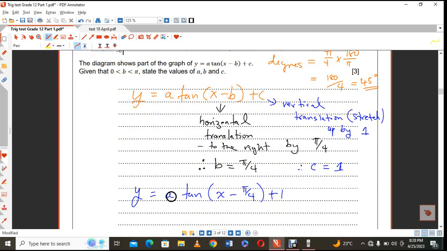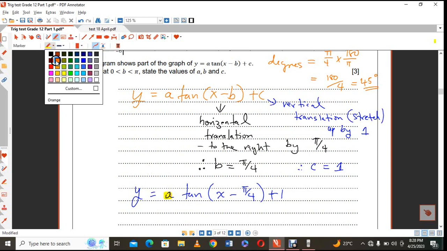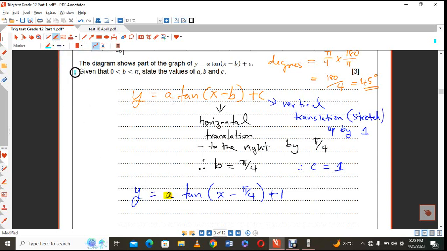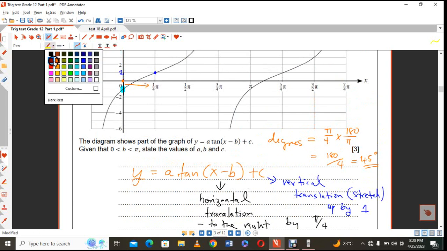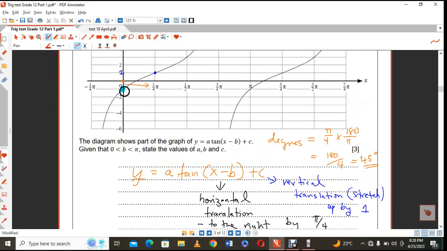Now, in order for us to calculate the value of a over here, just come back. To find the value of a, we are going to do substitution. That means we're going to go into our graph and determine any point. The point I'm going to use will be this point here. You can use any other point, but I like to work with this point so that I can substitute. The coordinate of this point is (0, -1).